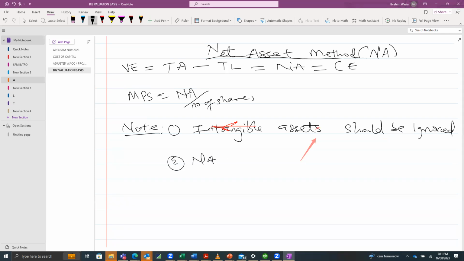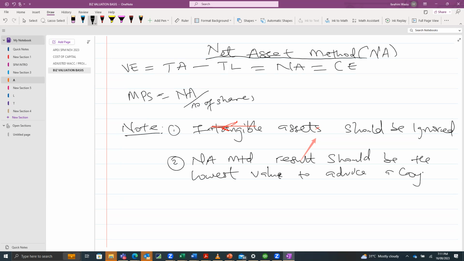Two, net assets method results should be the lowest value to advise a company to accept. Do we get these two points? Very important.